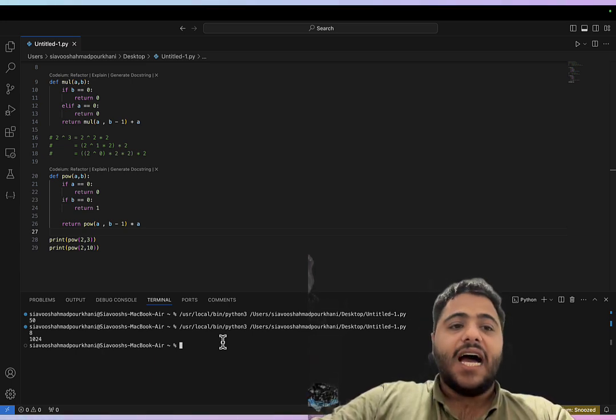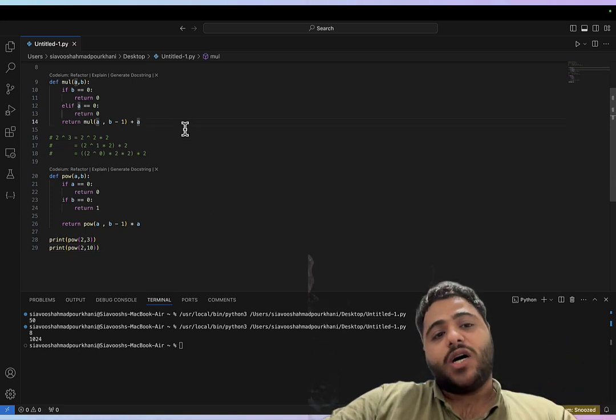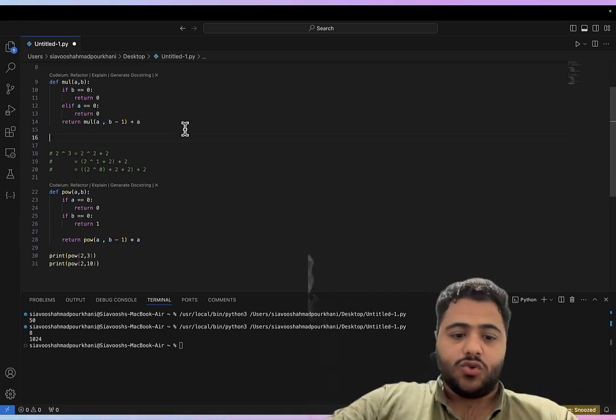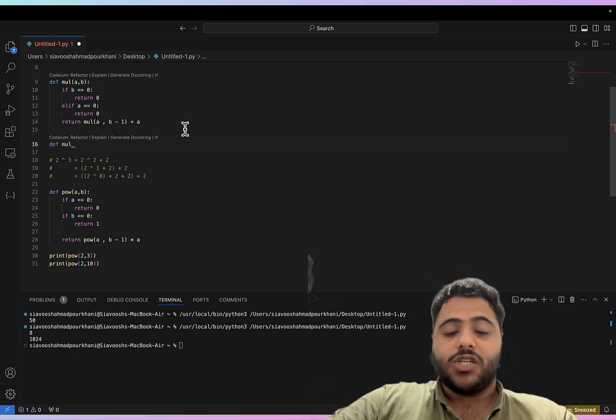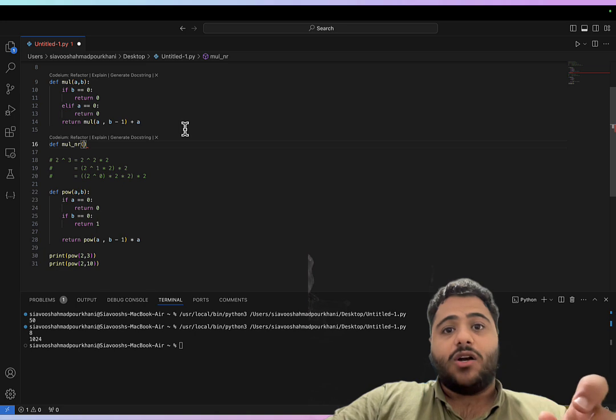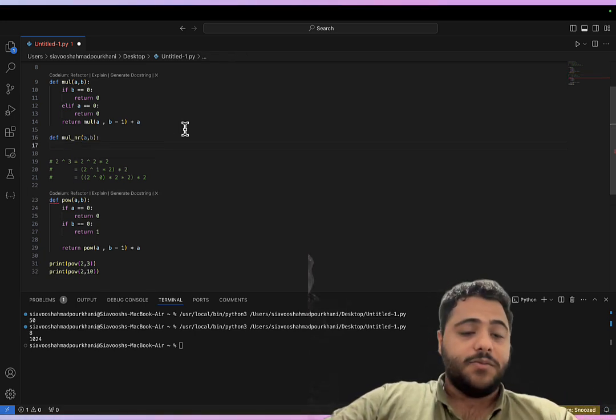And for showing the nonlinear solutions, I'm going to write for each one a nonlinear solution too. So let's start with the multiplication non-recursive, which I add the nr postfix for, for a times b.